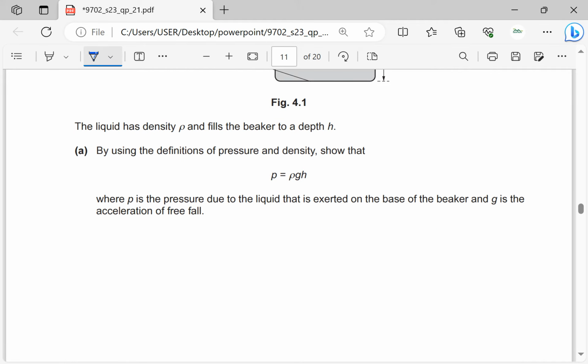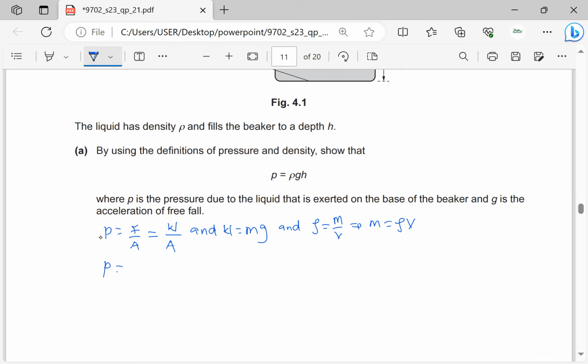First of all, from the definition of pressure, pressure is equal to force over area, the force acting normally per unit area. This force is going to be simply the weight of the liquid over the area, and we know that the weight is m times g. But we also know from density equal to mass over volume that the mass is equal to density times volume.